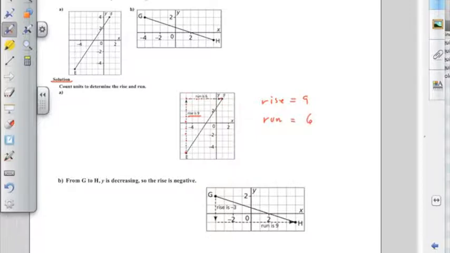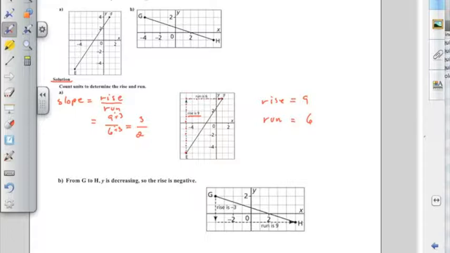And since slope is defined as rise over run, fill in our numbers. So we've got a rise of 9 and a run of 6. Right, so 9 over 6 can be reduced. Both 9 and 6 are divisible by 3, so you divide the 6 by 3 and you divide the 9 by 3. 9 divided by 3 is 3, 6 divided by 3 is 2.